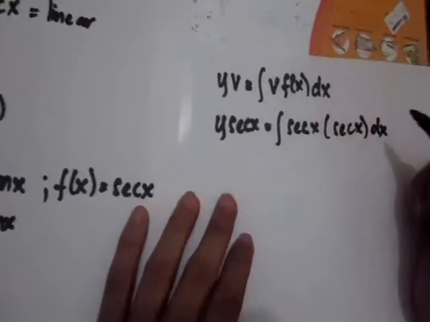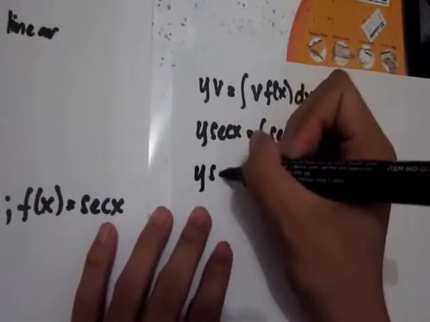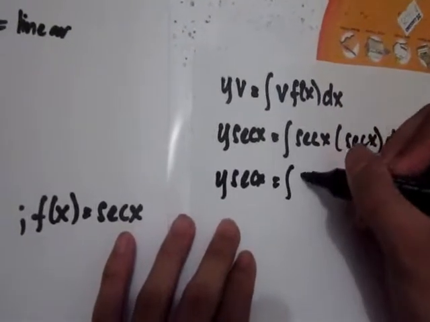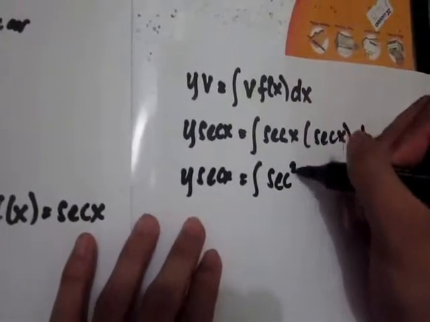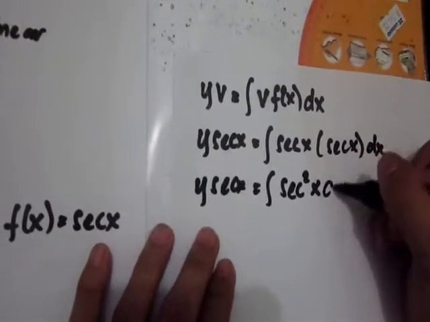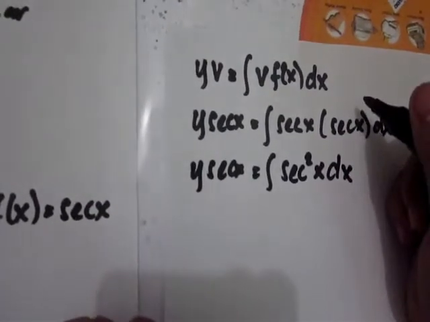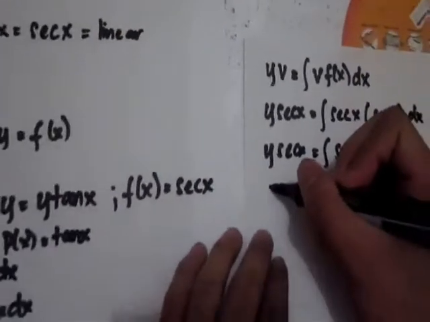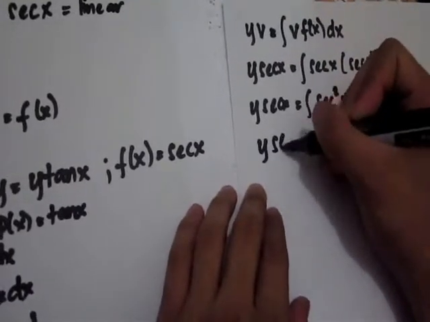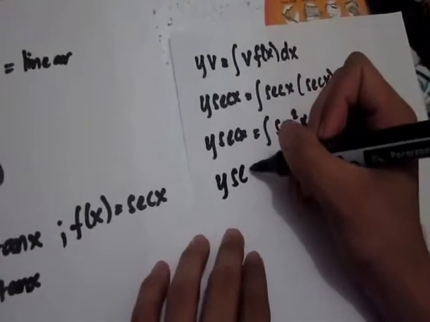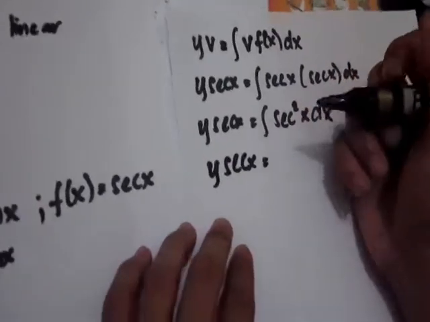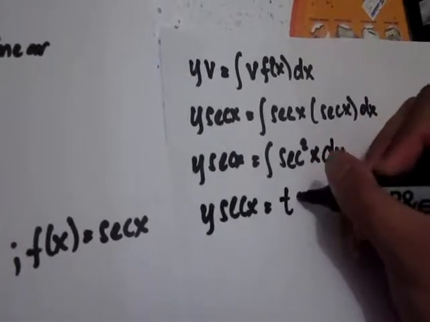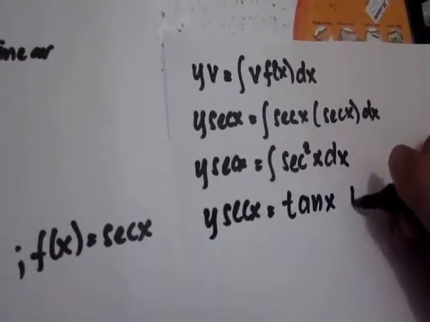Further simplifying this equation, we will get y secant of x equals the integral of secant squared of x dx. Moving over, y times secant of x equals the integral of secant squared x, which is simply tangent of x plus c.